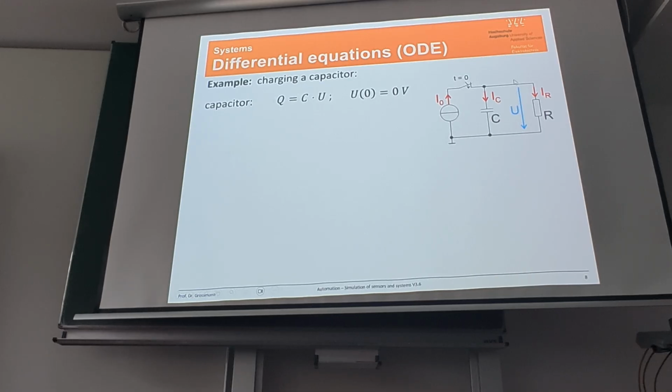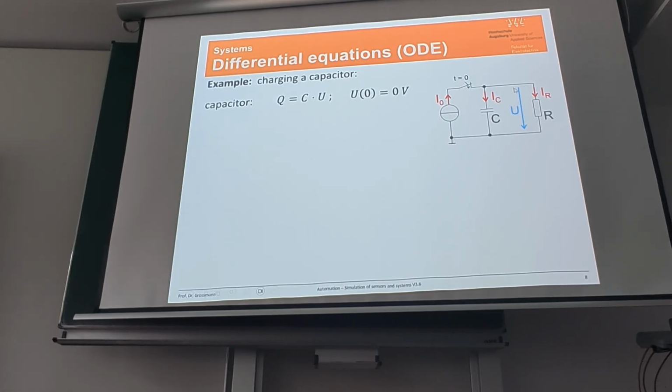First of all, the individual components have their own laws, their own equations. For the capacitor, we know there are charges on it, and the number of charges is proportional to the voltage, which we can measure on the capacitor.